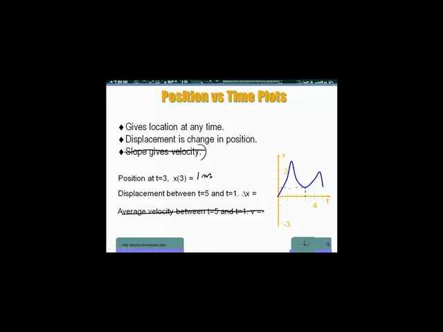Okay, now at t equal 1, the position is plus 2. At t equal 5, this is 5, the position is plus 1. So my displacement is plus 1 minus 2, which is minus 1 meter.